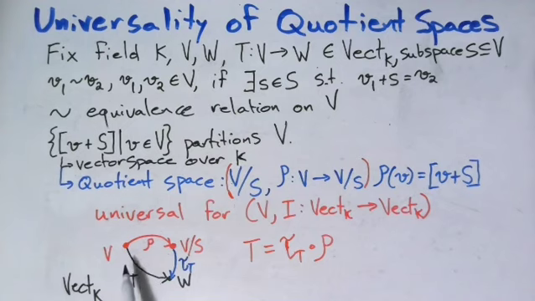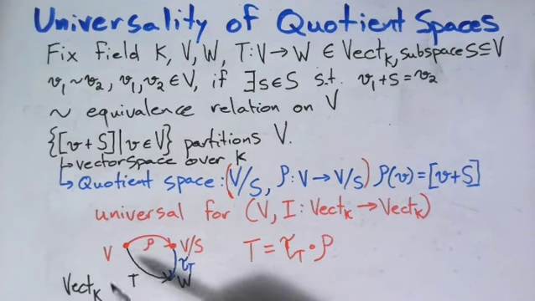But we also need to know in this case, for this diagram to work, that rho is a linear transformation, because T is a linear transformation. And so if rho is a linear transformation such that this property holds, then we'll also get a unique linear transformation, tau of T.